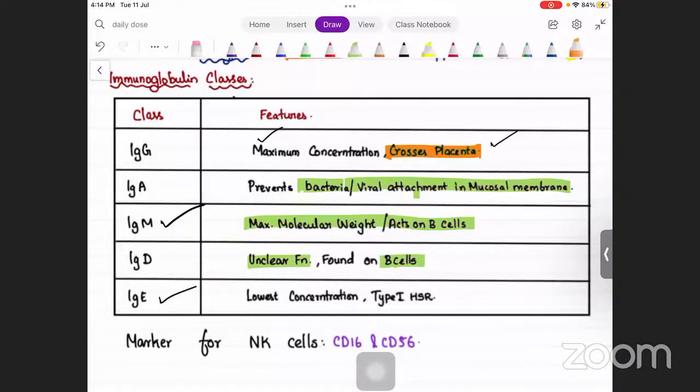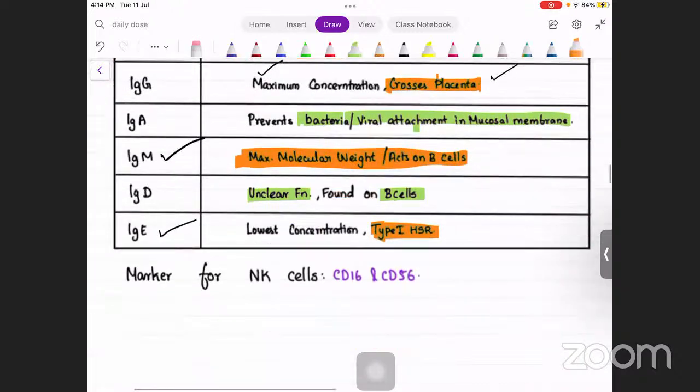These are the things I highlighted in red color that you have to remember. Crosses placenta is IgG, type 1 hypersensitivity reaction is IgE, and maximum molecular weight and acts on B cells is IgM. You have to remember this.